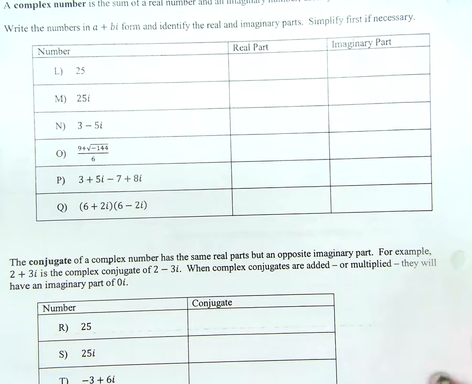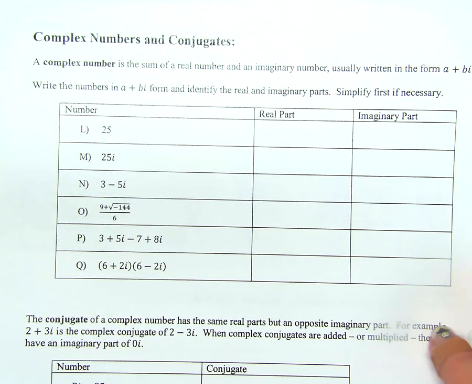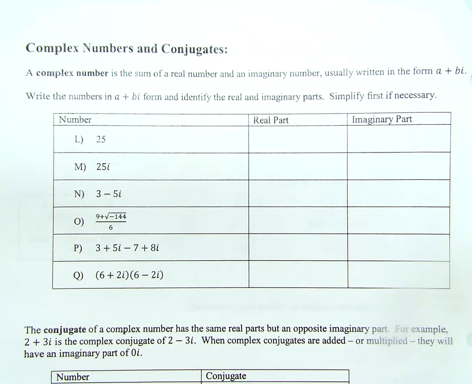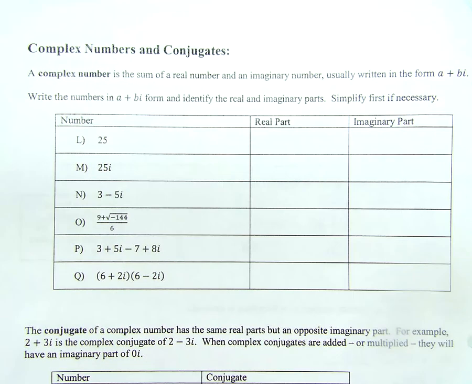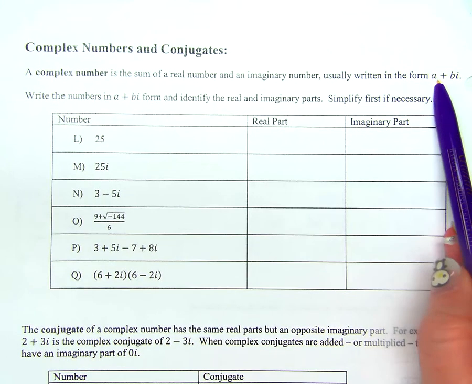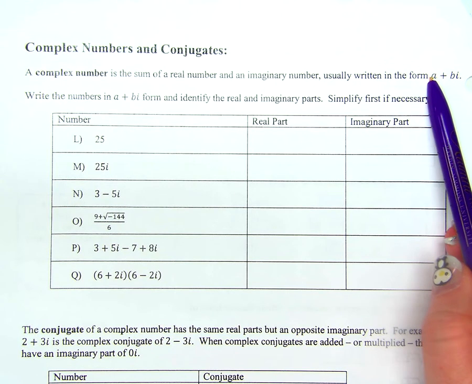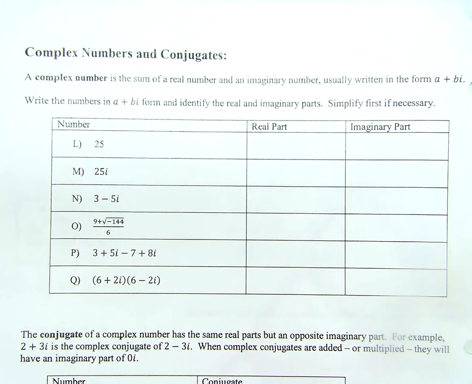I also need to talk to you just a little bit about complex numbers and complex conjugates. A complex number is the sum of a real number and an imaginary number, and it's usually written in the form a plus bi, with the real number part first and the imaginary number part second. Does that make sense?